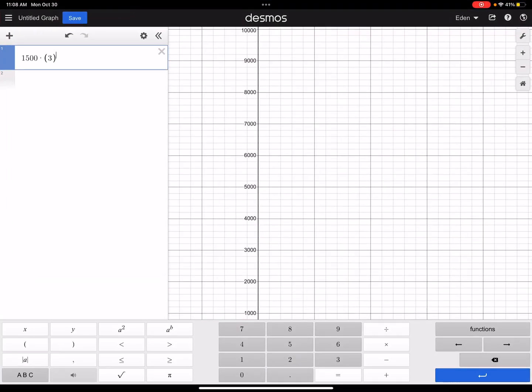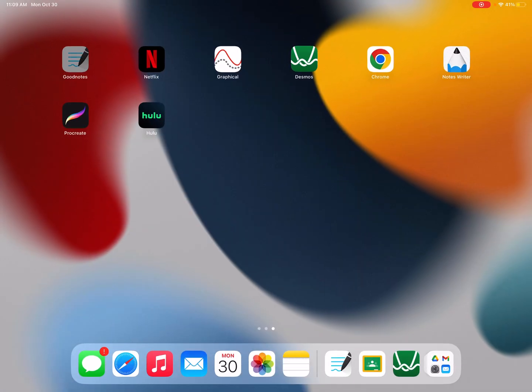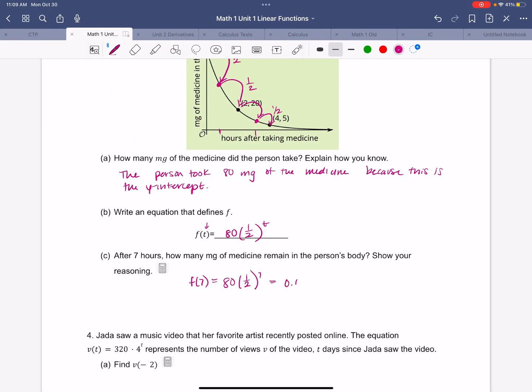I'm at 80 times 1/2 raised to the 7th power. So there's about 0.625 milligrams left in the person's body.